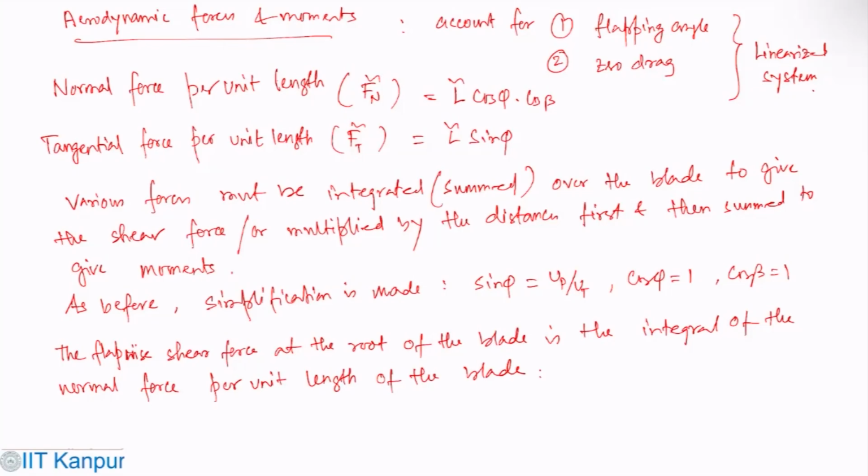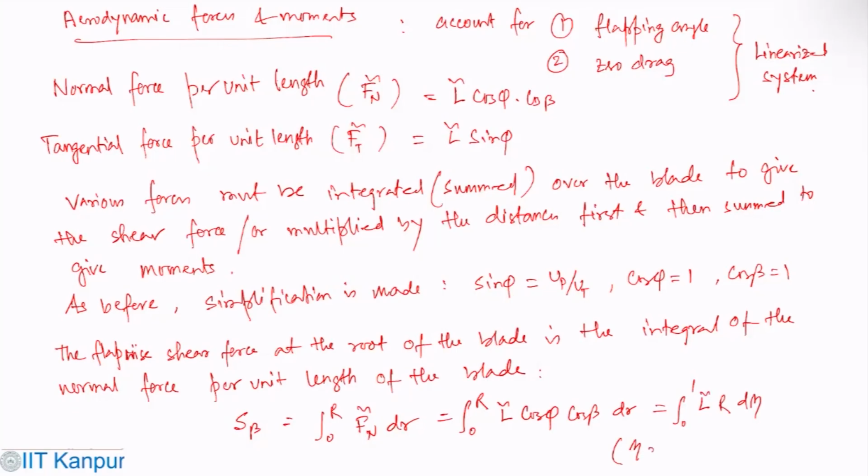So what we have is beta, 0 to r, Fn dr, which is 0 to r, L cos phi cos beta dr, which is 0 to 1, r d eta. Here eta is r by R. So this is the flapwise shear force.